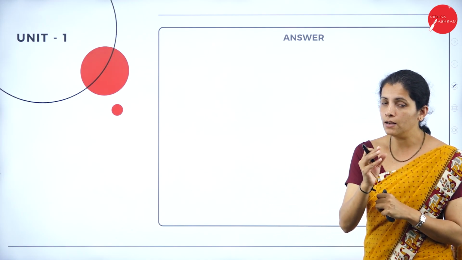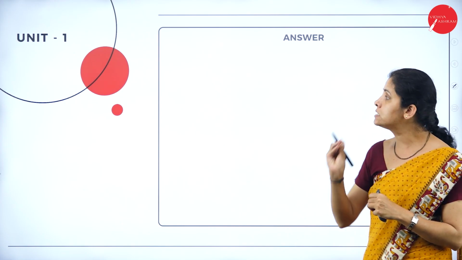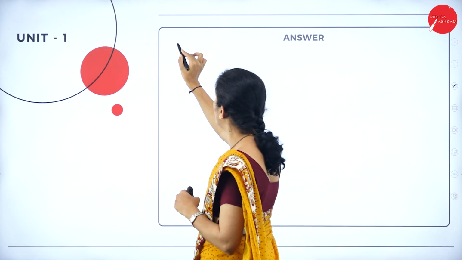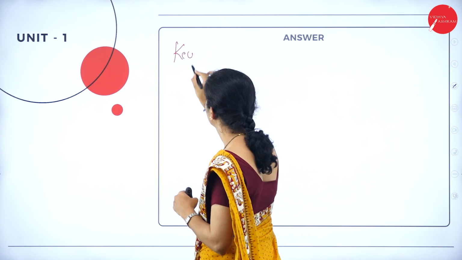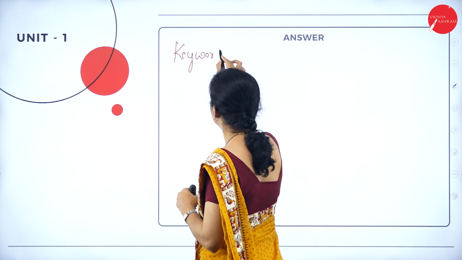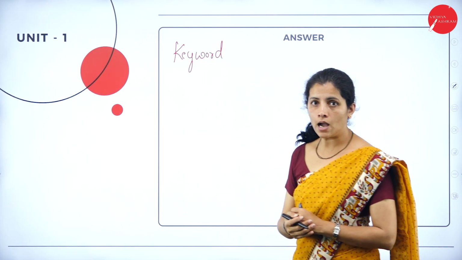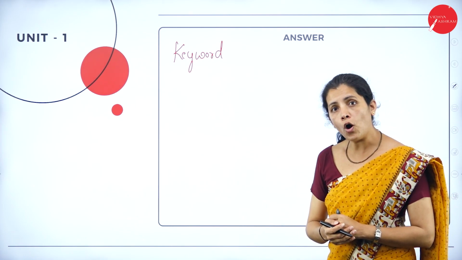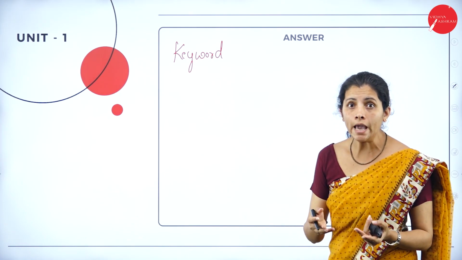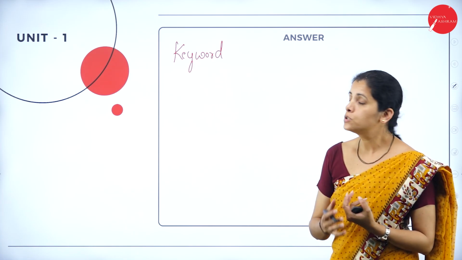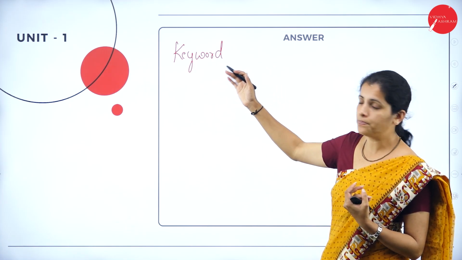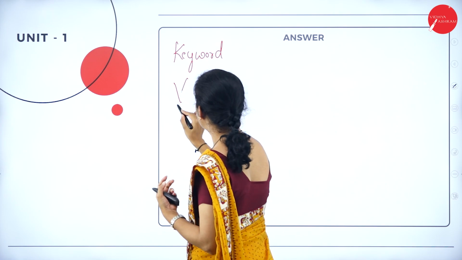And some of the tokens are, first one, keyword. Keywords are nothing but reserved words. Example, if, for, do, case, switch, int. So, these are the keywords. Now, variable.